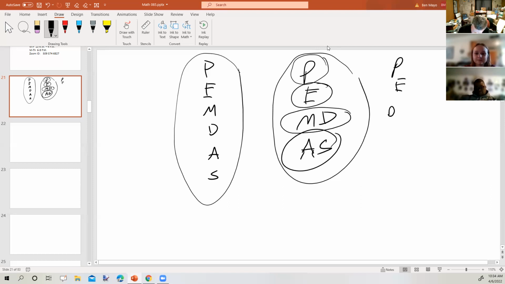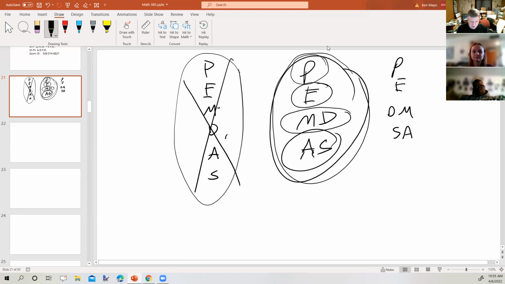So you could also write it this way, I suppose. PEMDAS just doesn't sound quite as nice as PEMDAS, does it? But the point is, this is not correct. It's not multiplication and then division. Hopefully you were taught this and maybe you've just forgotten since then. But all right, this is the order in which we will be doing things.